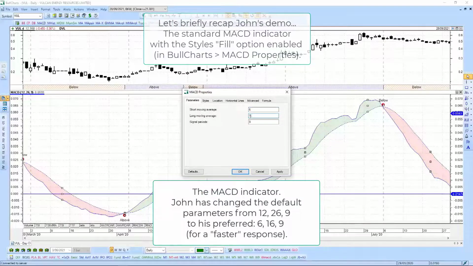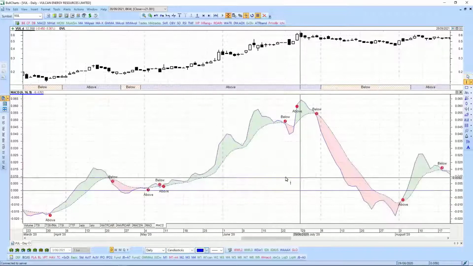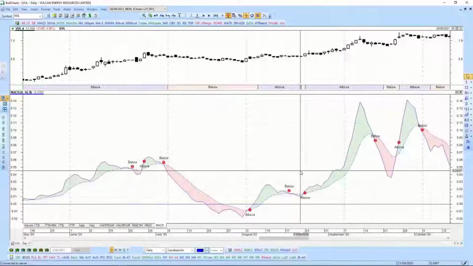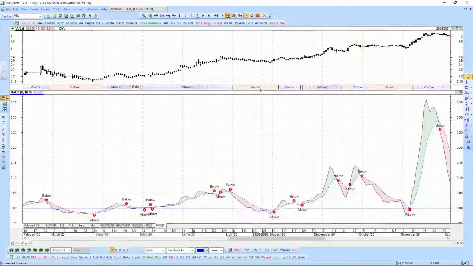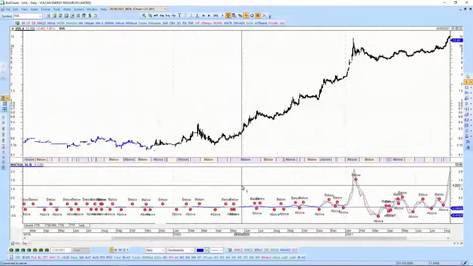Just made it tighter. I found the other ones were too slow. What I have to do is buy and sell on the turn of the colours, not wait for the crossover. The crossover is too late. It's 3 or 4 days later to get the most out of the price.